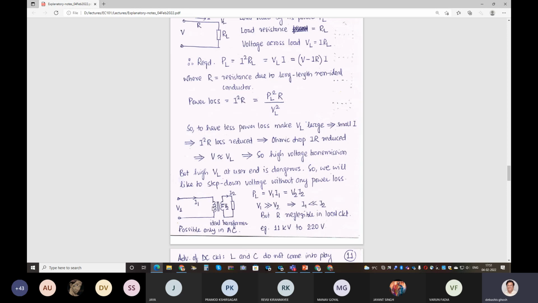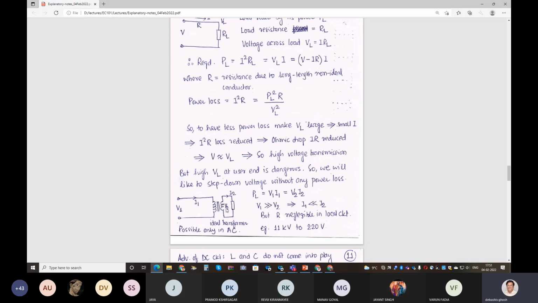You can see this is the transformer, how it is symbolically represented. The total power from this side is passed on to the other side of the transformer. So that is how the transformer can help you in doing power transmission from one side to the other side, but the voltage can be stepped down.